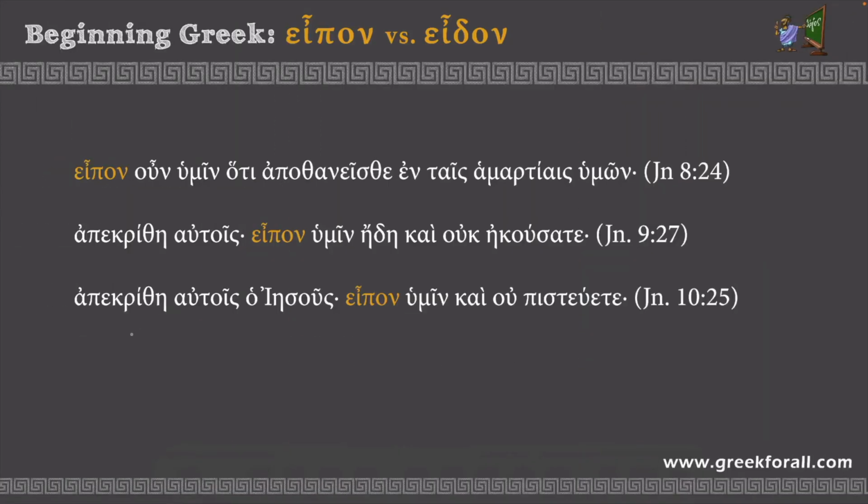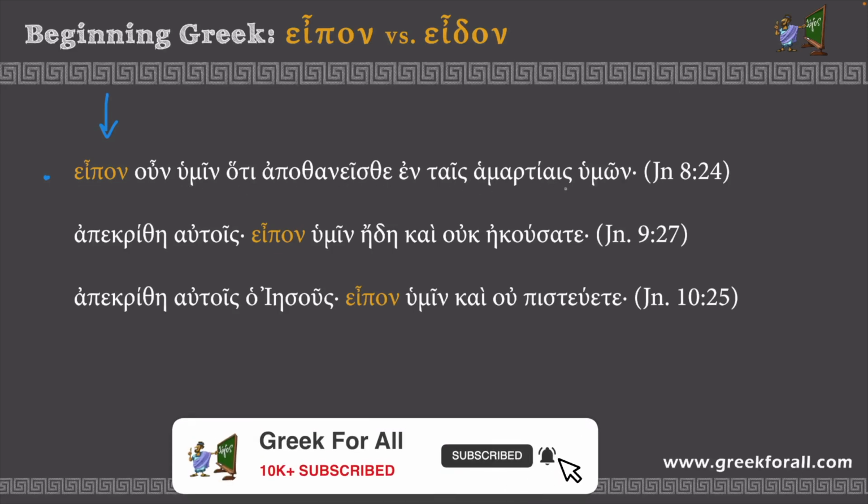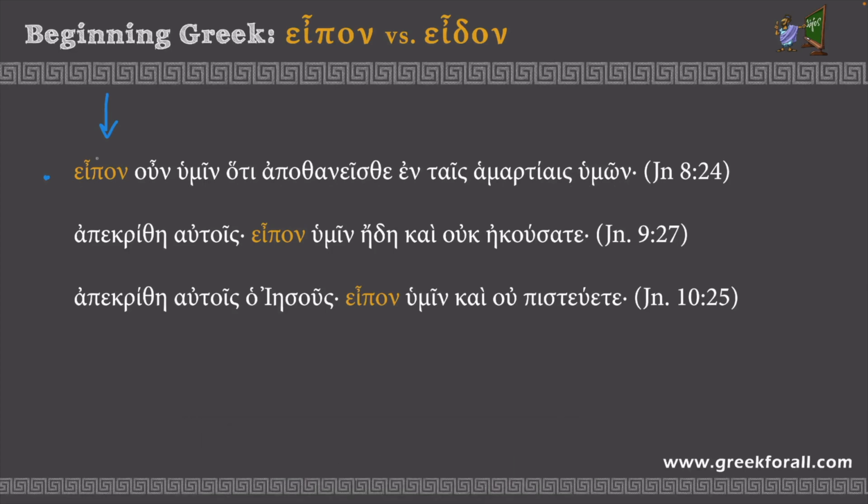Here we have three examples from the Gospel of John, which will help us to illustrate how the word eipon is used. So let's read. Eipon oun humin hoti apothaneisthe en tais hamartiais humon. So eipon, as you can see, there is no eyes here, just the mouth. So we translate it as I said.